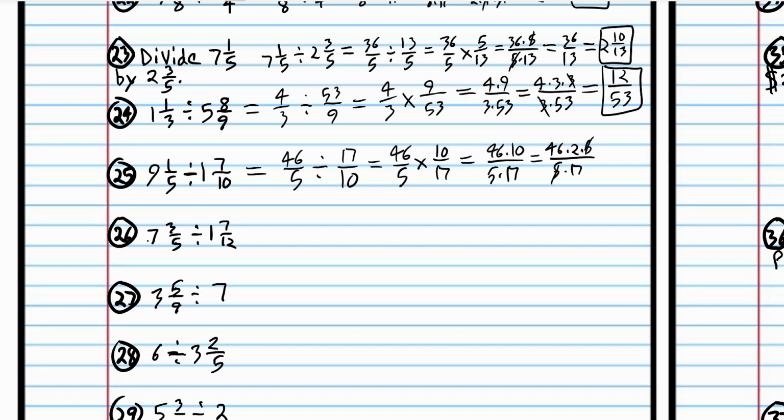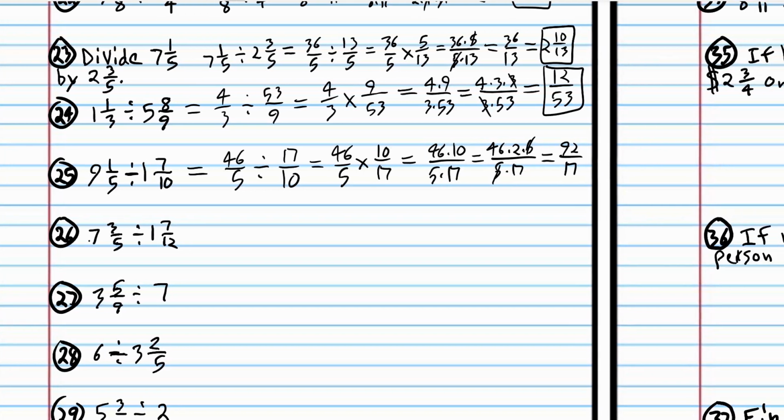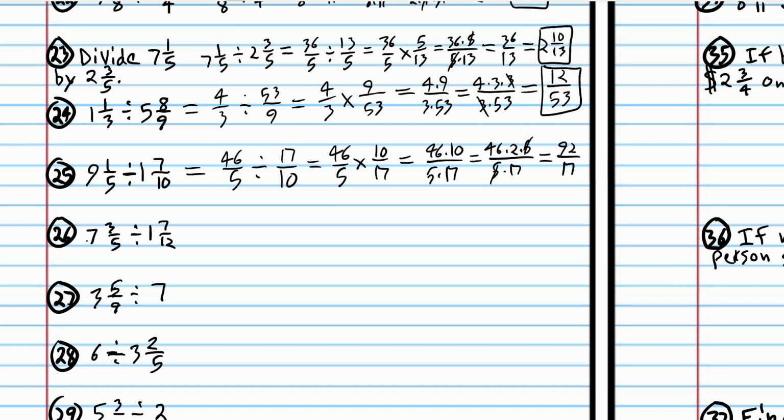Cancel out the 5s. 46 times 2 is 92. That's kind of a big number. Over 17. Then we have 92 over 17. How many times does 17 go in? Let's make this smaller. Move this stuff over.